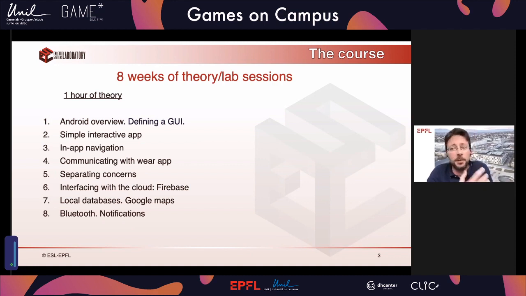We start from the really simple, what is a graphical user interface, and then we add more and more elements to make Android apps richer inside a single device, and then we branch out towards the cloud, towards interfacing with other devices, creating databases, managing Bluetooth connections, geolocalization, Google Maps, and so on and so forth.